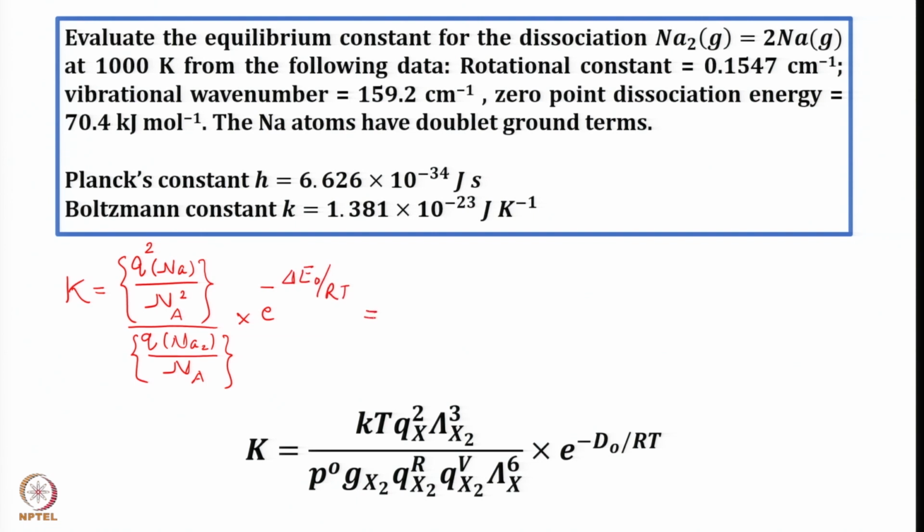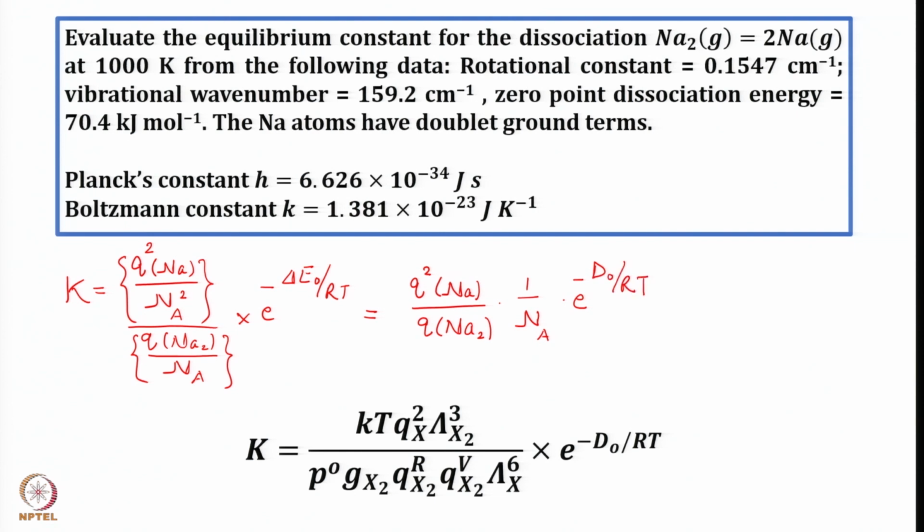This is now equal to Q square Na divided by Q Na2 into 1 over Na. This Na is Avogadro constant, not sodium, into exponential, instead of delta E0, let me write D0 by RT.